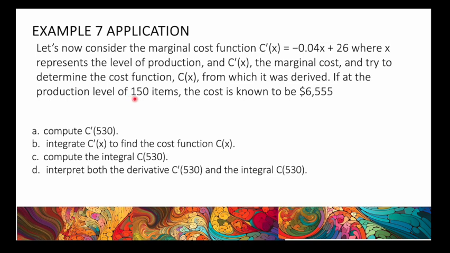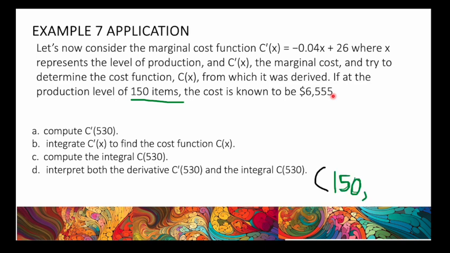And then we're going to use this information as well here too. The problem tells us that when they produce 150 items, the cost is known to be $6,555. So this is information that we can use for our initial condition. It says we have 150 items. And remember, X was the number of items.